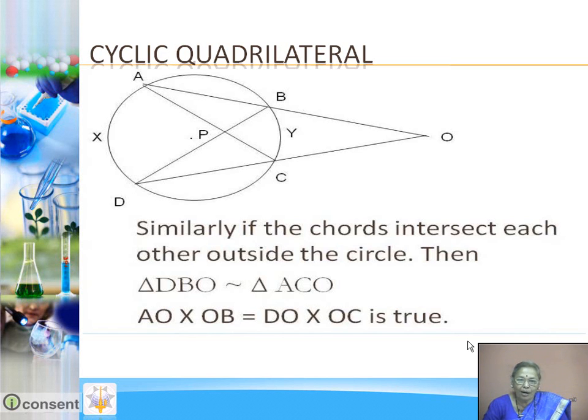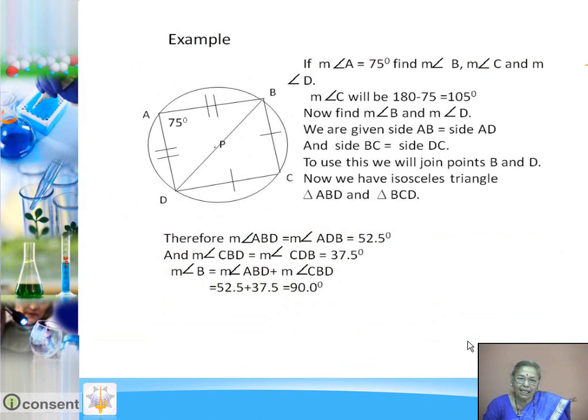ABCD is a quadrilateral which is inscribed in the circle. Measure of angle A is equal to 75 degrees.